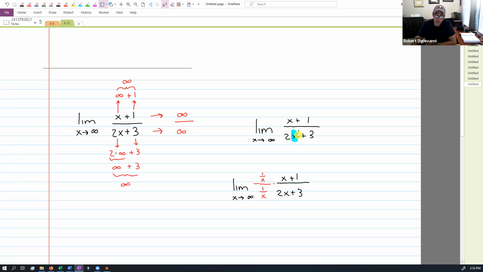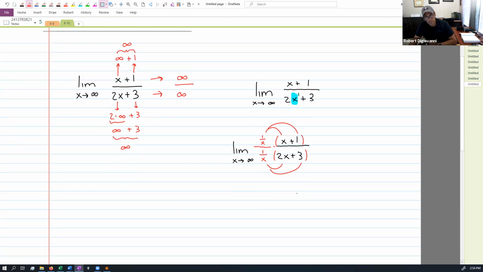Had this been X squared, I would have done 1 over X squared over 1 over X squared. Had this been X cubed, I would have done 1 over X cubed over 1 over X cubed. Now, let's see why I did that. I'm going to multiply those through, so I have to distribute like that, and let's see what we get.